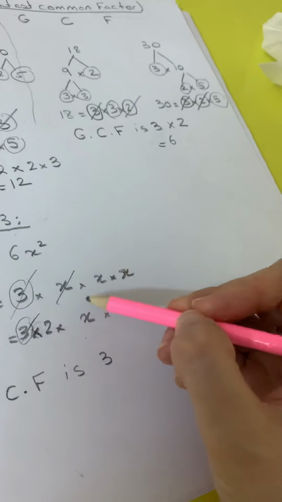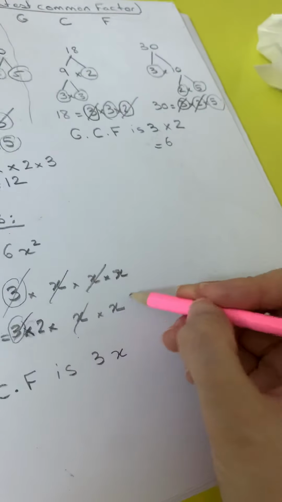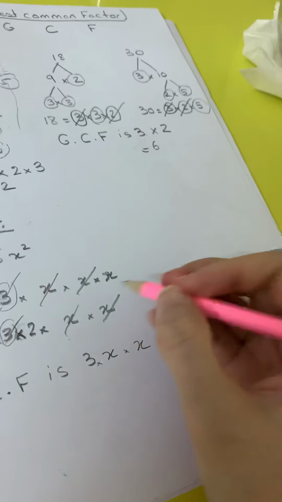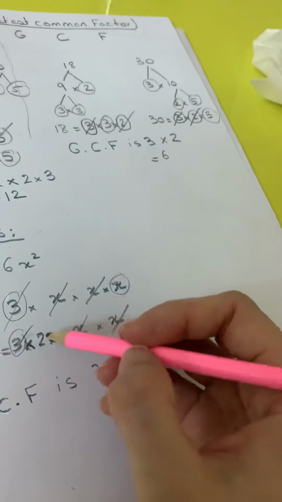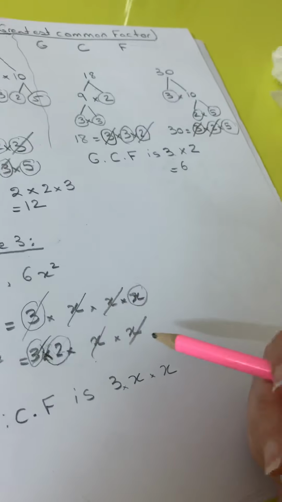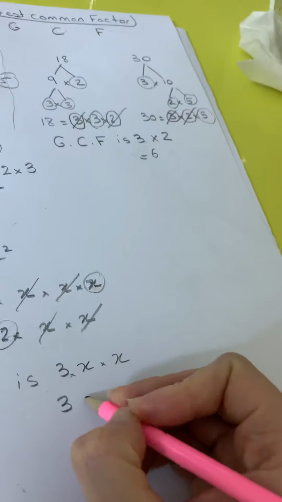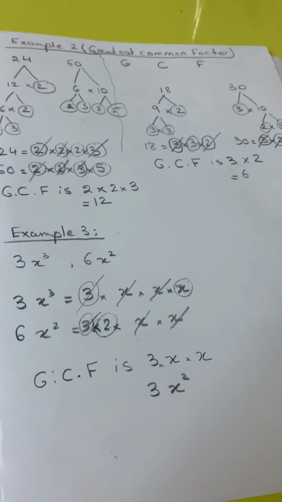I have x and x, so 3x. I have x and x, so I have another x. And here this x I can't take it, there is no x here. And the 2 also I can't take it because there is no 2 here, they are not common. So this is the GCF, it's 3x^2. And that's it.